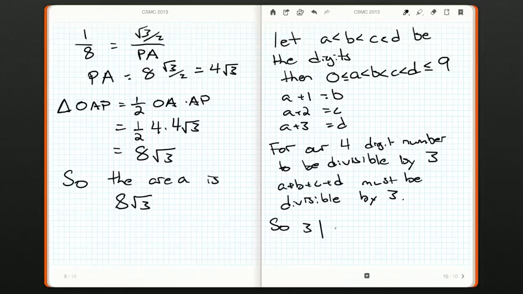That means 3 divides A plus B plus C plus D, but we know B, C, and D in terms of A. So 3 actually divides, if we work that out, 4A plus 6. A plus A plus 1 is 2A plus 1. If you add on A plus 2, you get 3A plus 3. If you add on another one, you get 4A plus 6. So 3 divides 6, all well and good. That means that 4A needs to be divisible by 3.